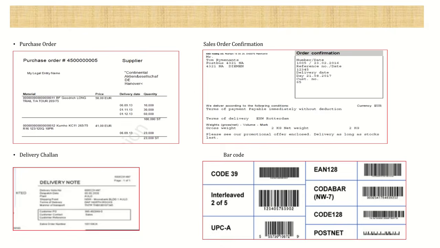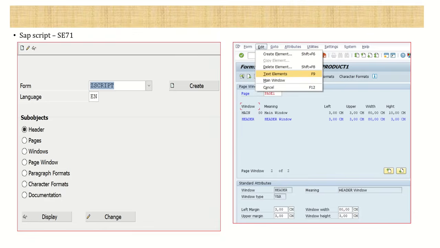In the initial release of SAP, SAP first provided one tool called SAP Script, and the transaction code was SE71. Still we can use this, but this is a very old concept of form designing. Initially we used SE71 to design our layout based on the business requirement.